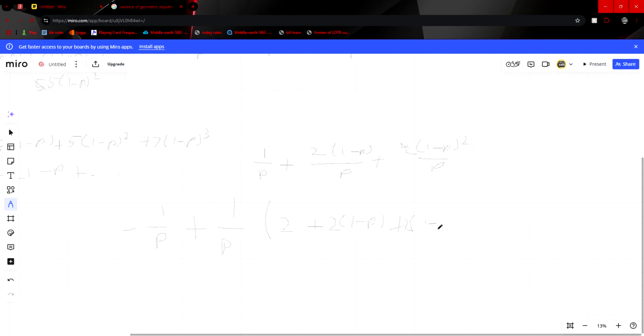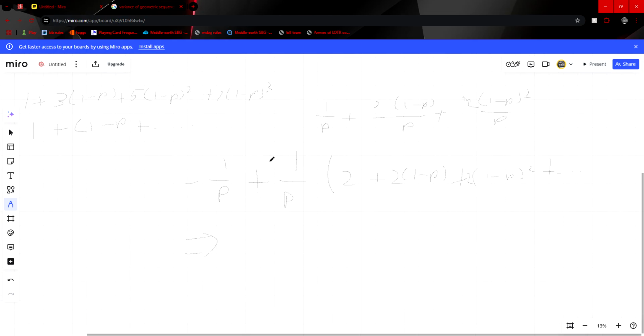And then that's 2 (1 minus p) squared, plus dot dot dot. That sums to 2 over p, and we're timesing it by 1 over p, so that's 2 over p squared. And then we're subtracting 1 over p, so we get 1 minus p, yeah, that's fine.